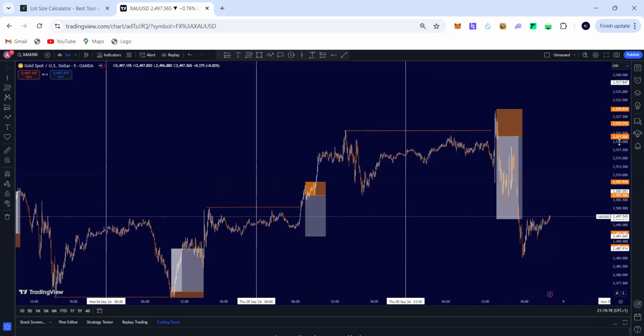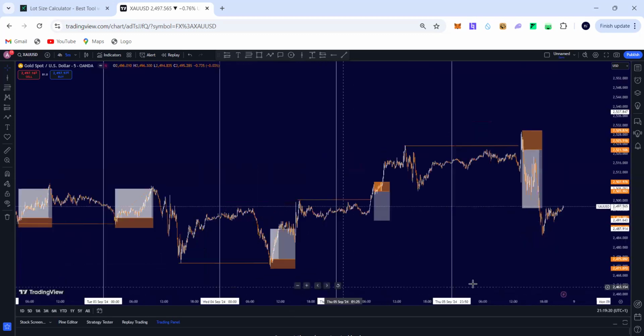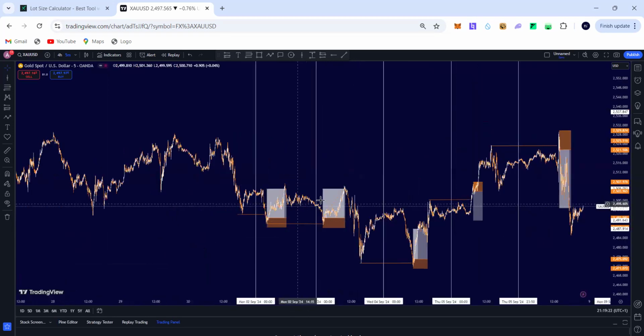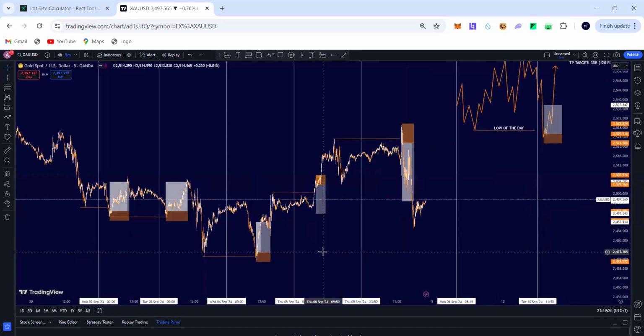Now, all of these things you're seeing here, you can see some trades will take a while to play out, while some will just go straight to TP. All this falls back to your what? Your psychology and patience. Patience also has to do with your psychology. So you just have to be patient and wait for the trade to play out without setting breakeven or even taking partials on that trade.